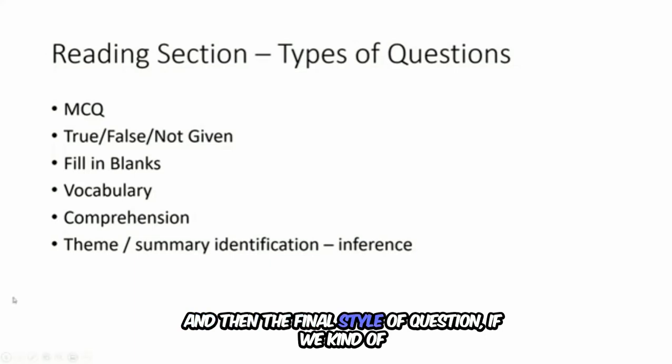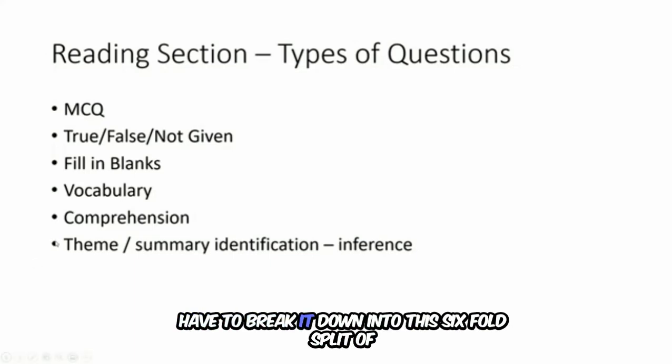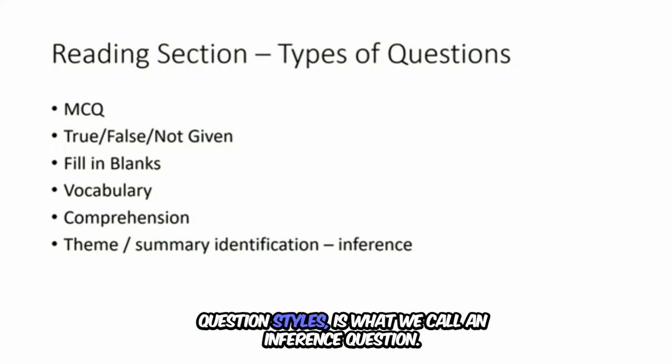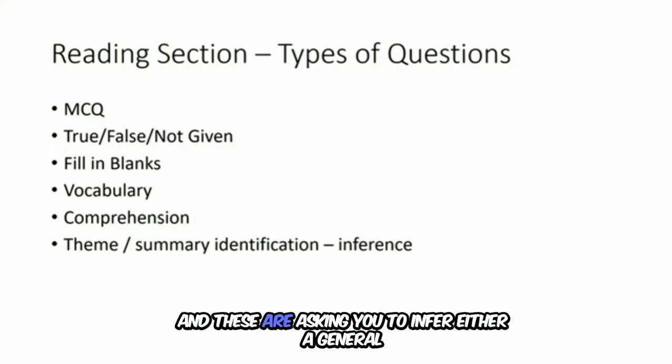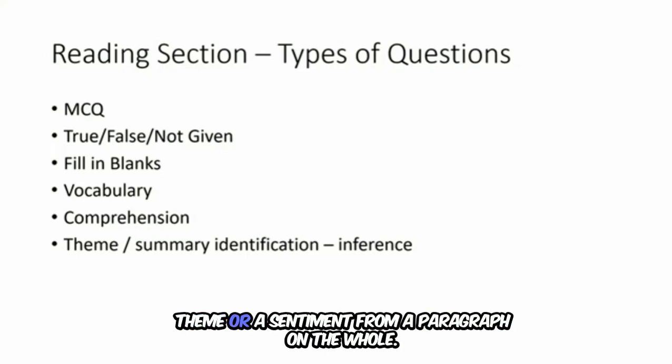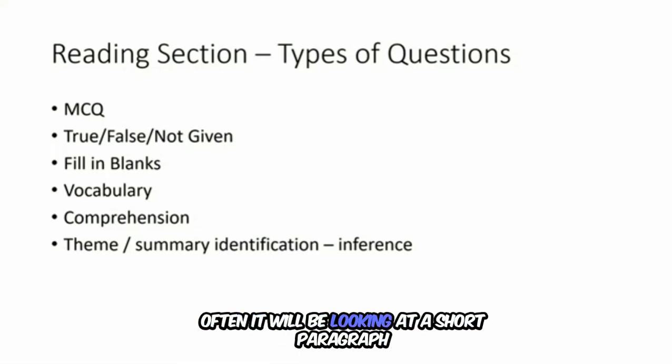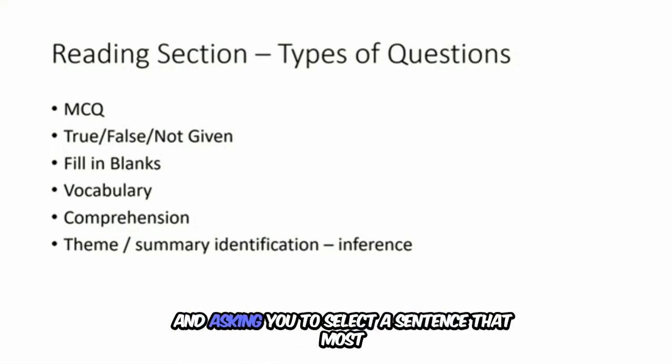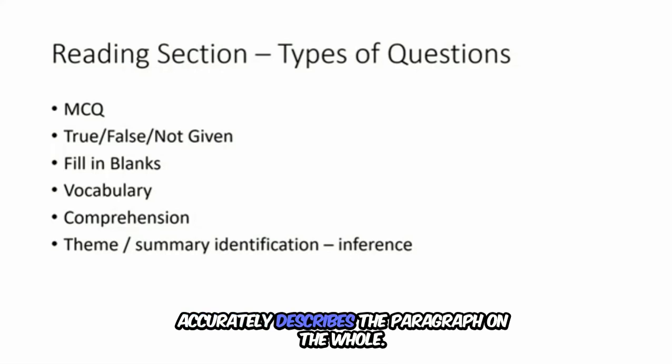And then the final style of question, if we have to break it down into this 6-fold split of question styles, is what we call an inference question. These are asking you to infer either a general theme or a sentiment from a paragraph on the whole. Often it will be looking at a short paragraph and asking you to select a sentence that most accurately describes the paragraph on the whole.